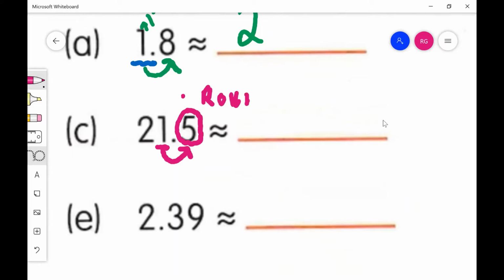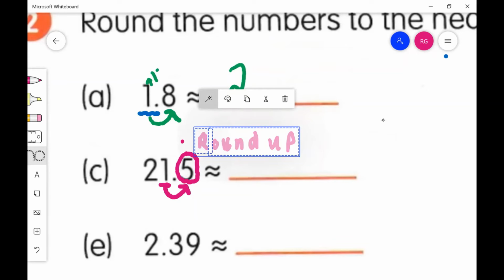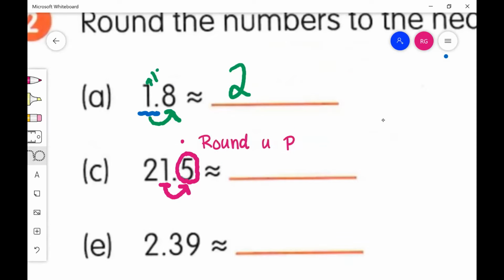Okay, and what does that round up to be? 22. Okay, let's write 22 then for that one, for C. So you should write 22.